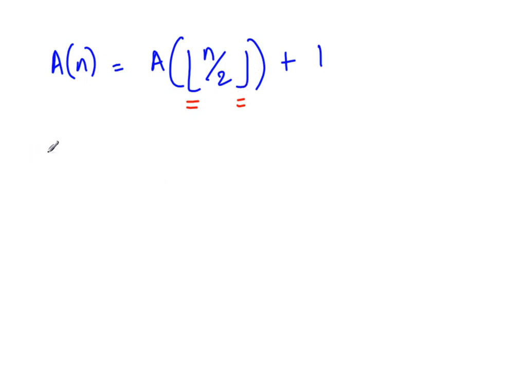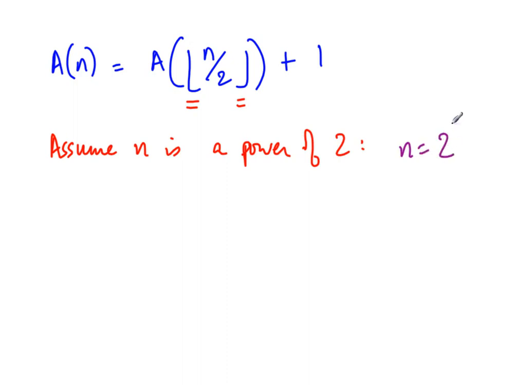So we will assume that n is a power of 2. This means that n is of the form 2 to the power k for some k. Then 1 will be 2 to the power 0. So of course we have to mention in this recurrence that a of 1 is 1, because that's where we stop.